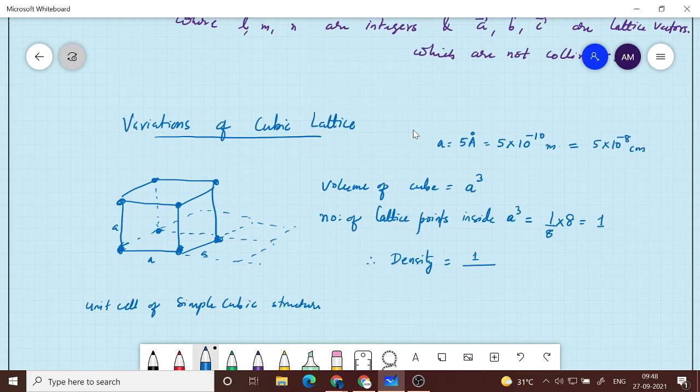That is the kind of length we are talking about, because atom to atom spacing is of the order of Angstrom. So this will be 1 by 5 into 10 raised to minus 8 whole cube, which comes to around 0.8 into 10 raised to 22 lattice points per centimeter cube. So that is the density.